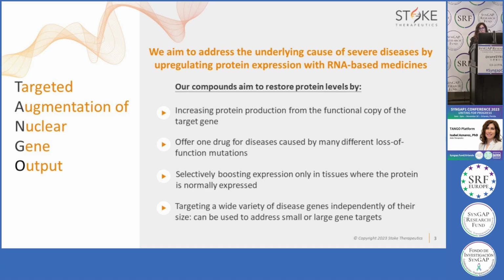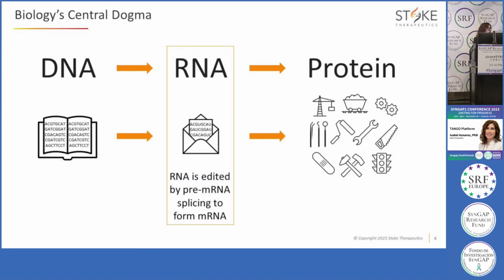Before I go into the details of how this works, I want to step back, way back, and go through the central dogma in biology: the DNA, which forms all the genes in our body, gets copied into a messenger that takes that code on how to make all the proteins in our body to the protein factories.